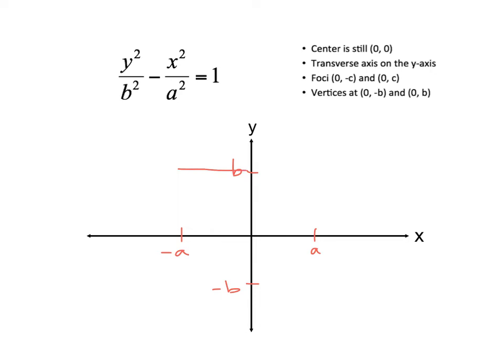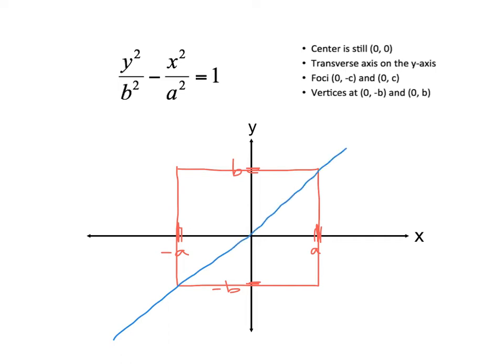So we can draw our box, and we can use that to guide our asymptotes. Let's draw our asymptotes through the corners of the box.